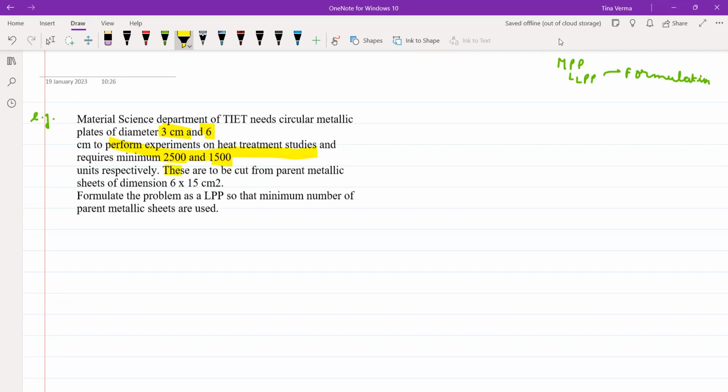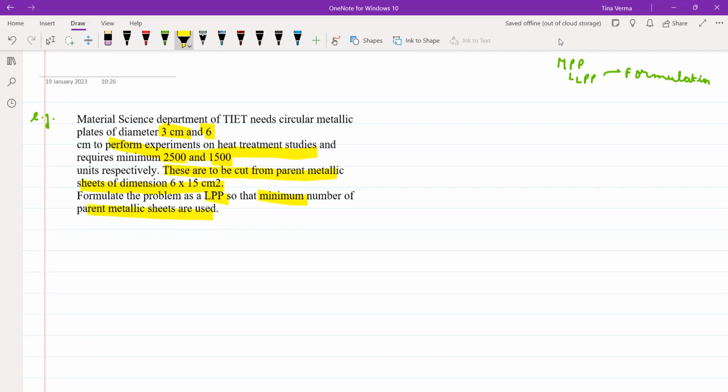These are to be cut from a metallic sheet of dimension 6 into 15 centimeter square. You have to formulate the problem as an LPP so that the minimum number of parent metallic sheets are used.